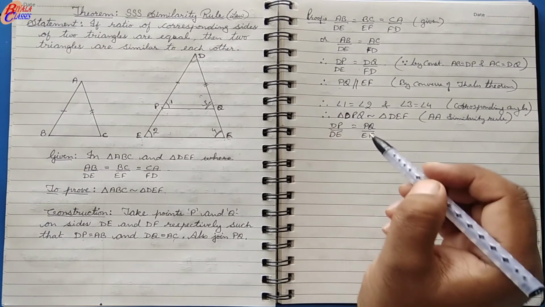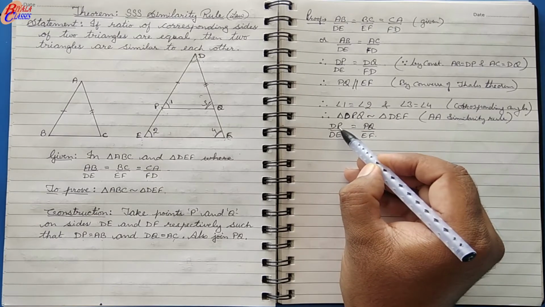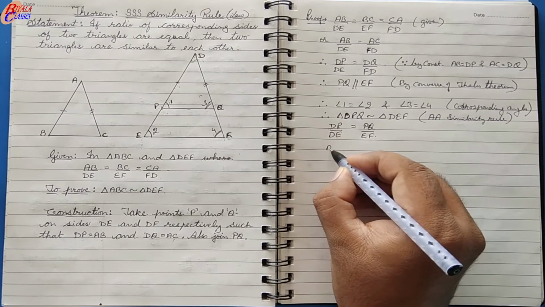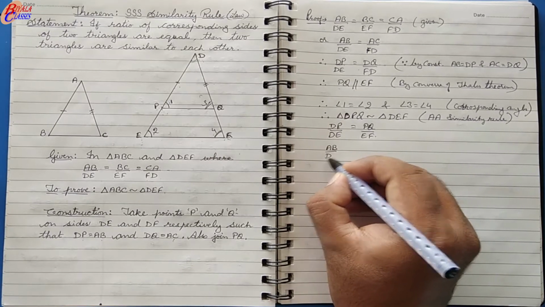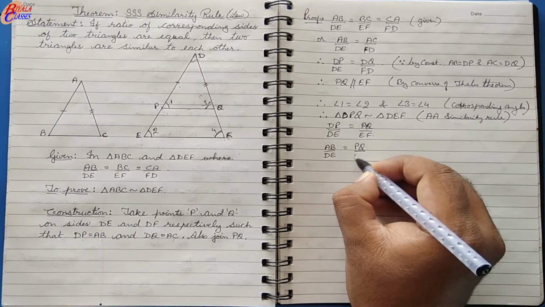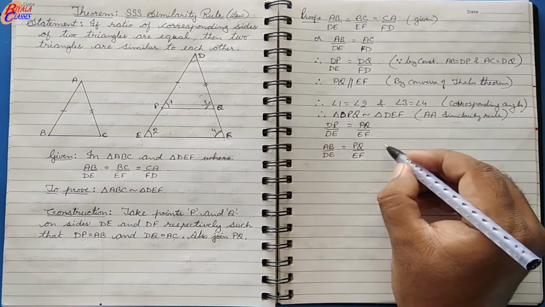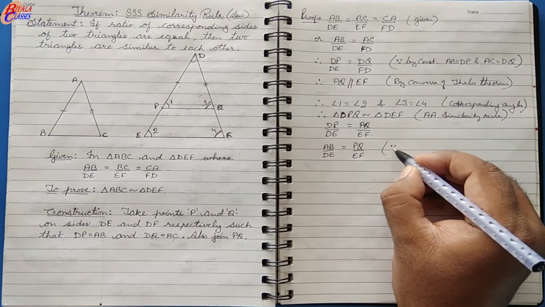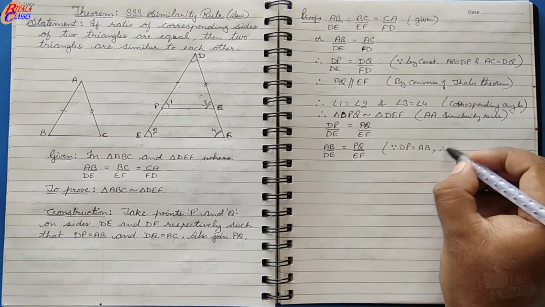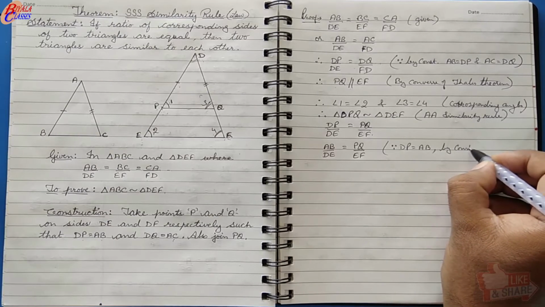Now here DP is equal to AB. So we can say that AB upon DE is equal to PQ upon EF, because DP is equal to AB by construction.